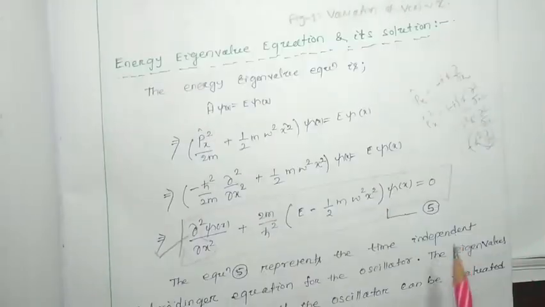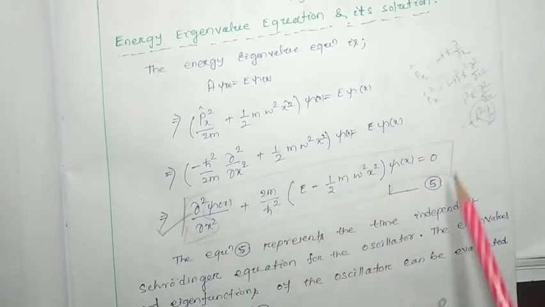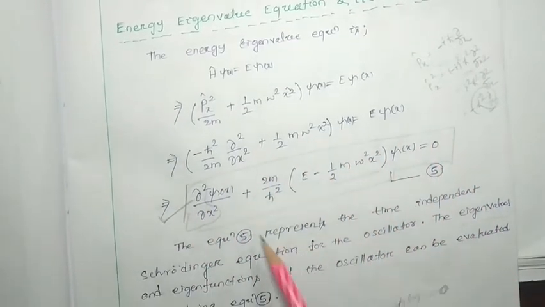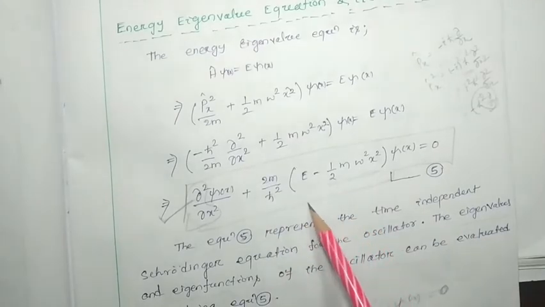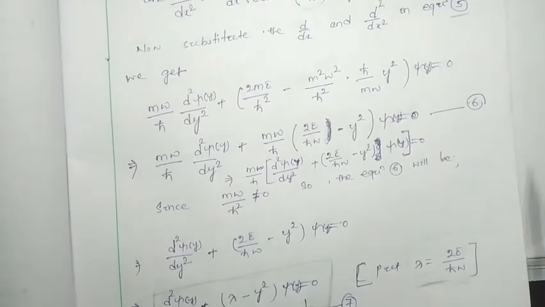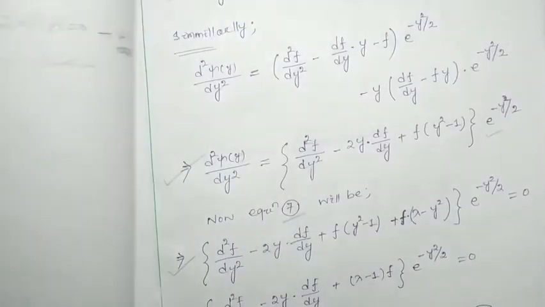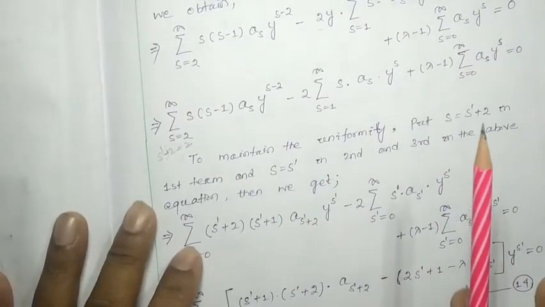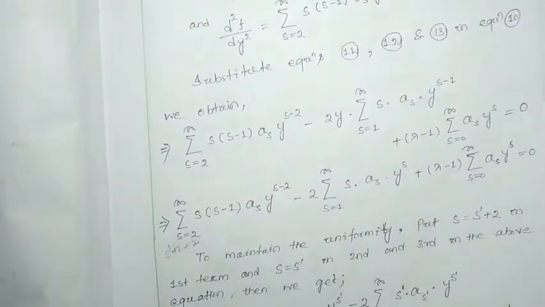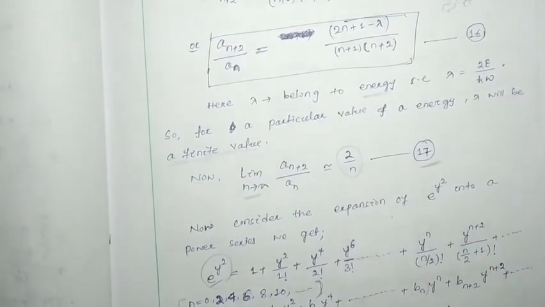From the eigenvalue equation in the form of the Schrodinger equation, we transformed this differential equation into another equation, and using equation number 7 we found the eigenvalues. I suggest that before you watch this video, you go through that last video.